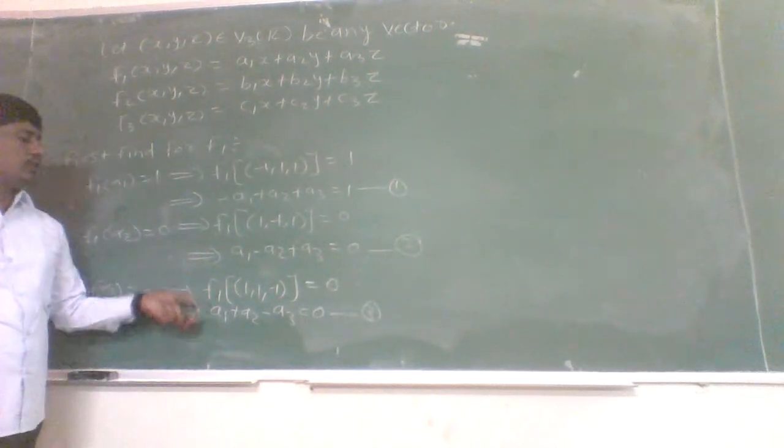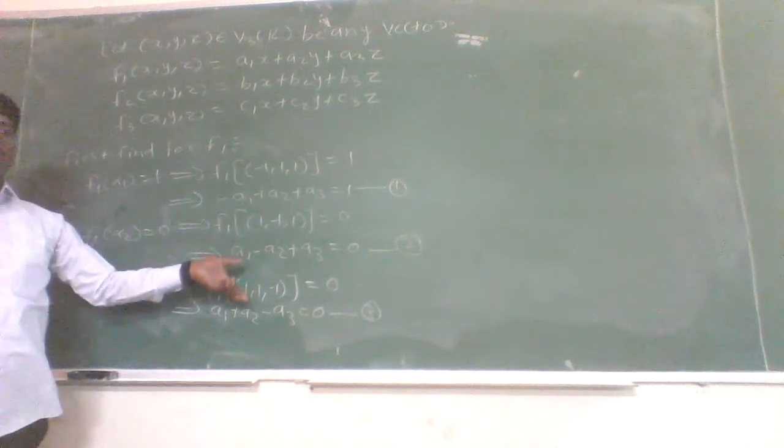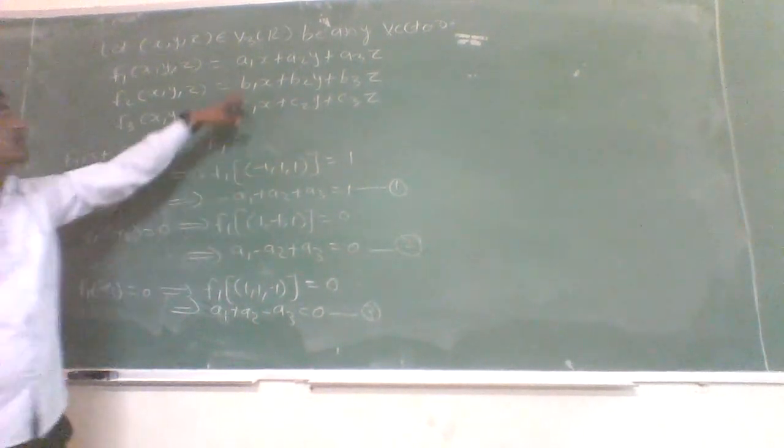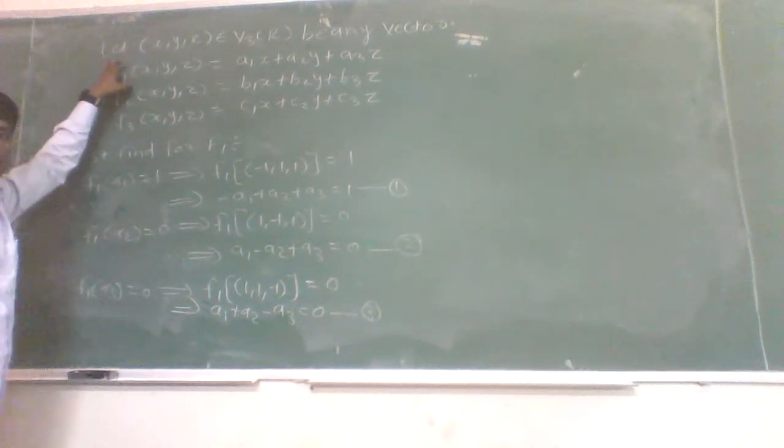Now, from these equations 1, 2, 3, we have to find out the values of a1, a2 and a3. If we find the values of a1, a2, a3 and put them in this one, then we get the first basis element f1.